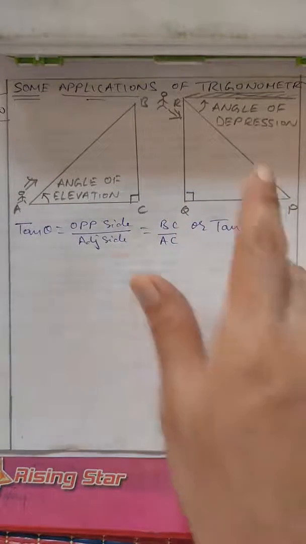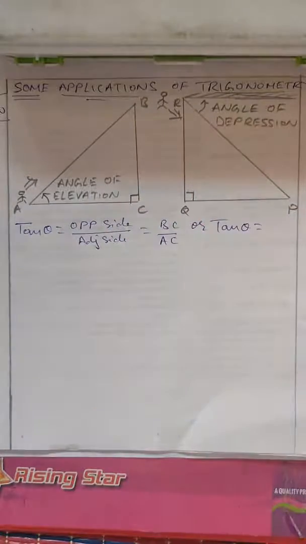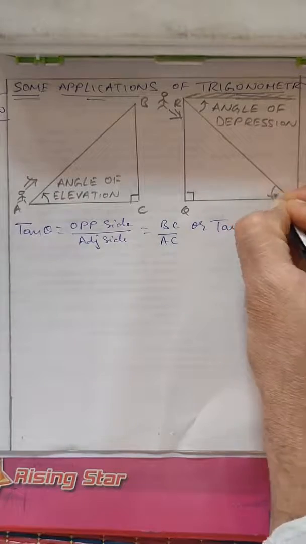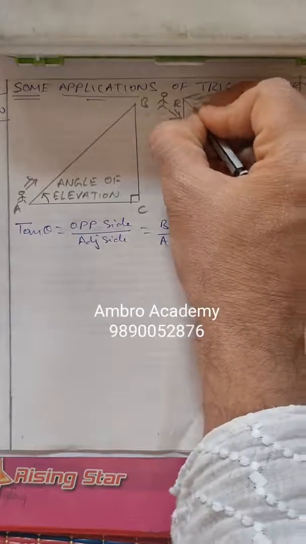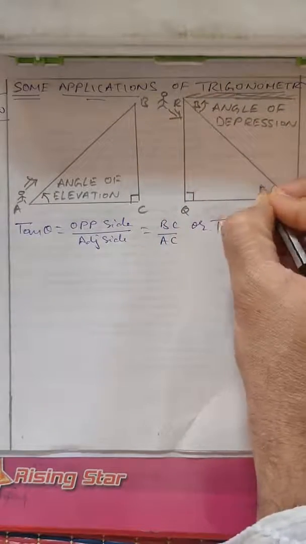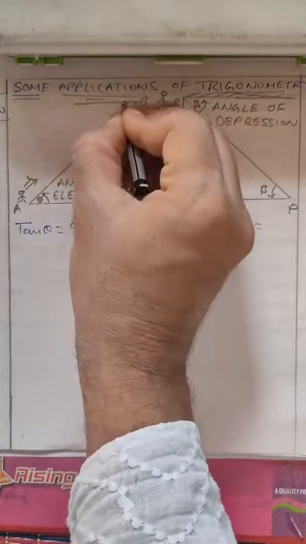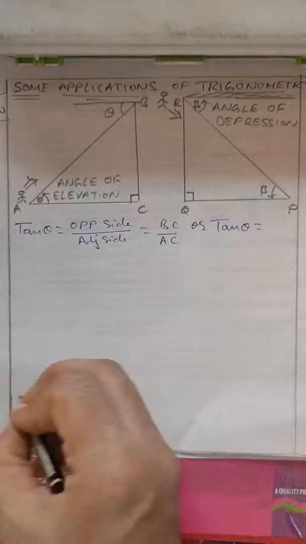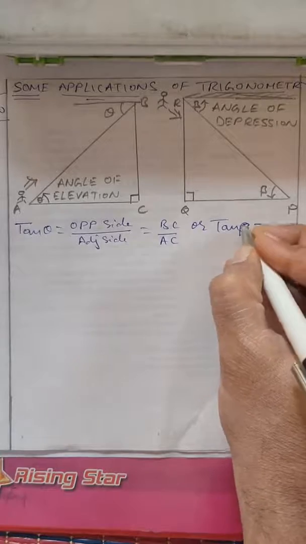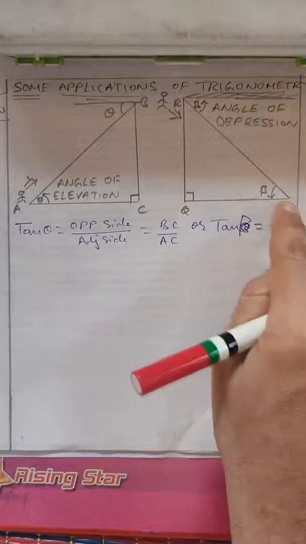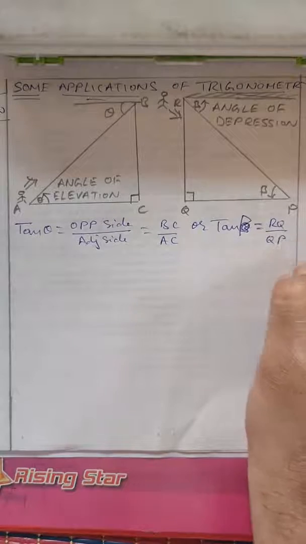Again, please note that whether it is the angle of depression or the angle of elevation, both will be the same because RP is a transversal. If this angle is beta, then this will also be beta, and if this is theta, then this angle will also be theta. So if this is beta, the opposite side is RQ upon the adjacent side QP.